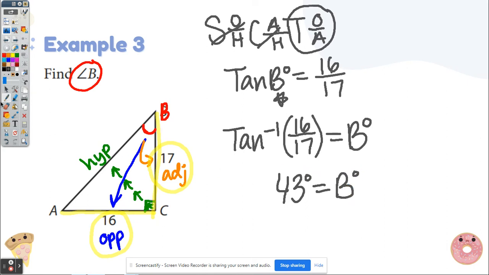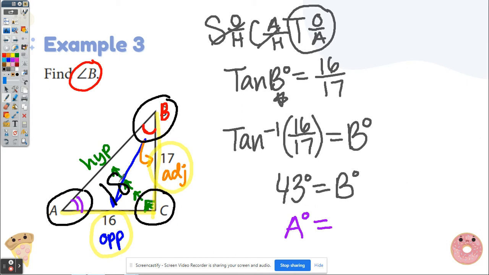Now, in order to make it a little bit more difficult, I would love for you guys to try to solve for angle A, which is also acute but different from B. So how would you solve for angle A? This is how you would do it. You would do the triangle sum theorem. You know that angle A plus angle B plus angle C equal 180.